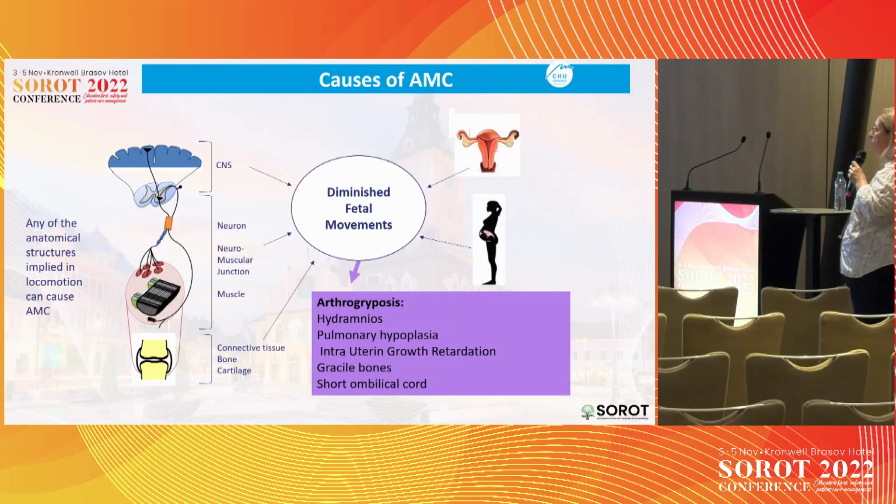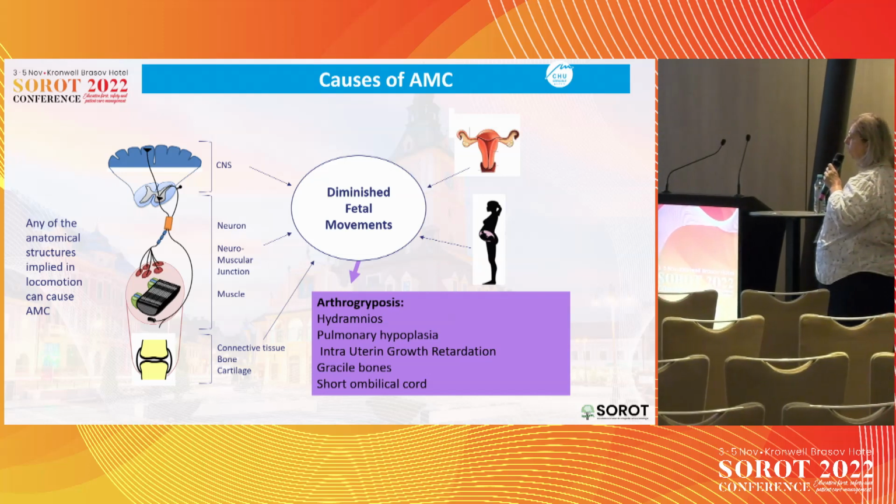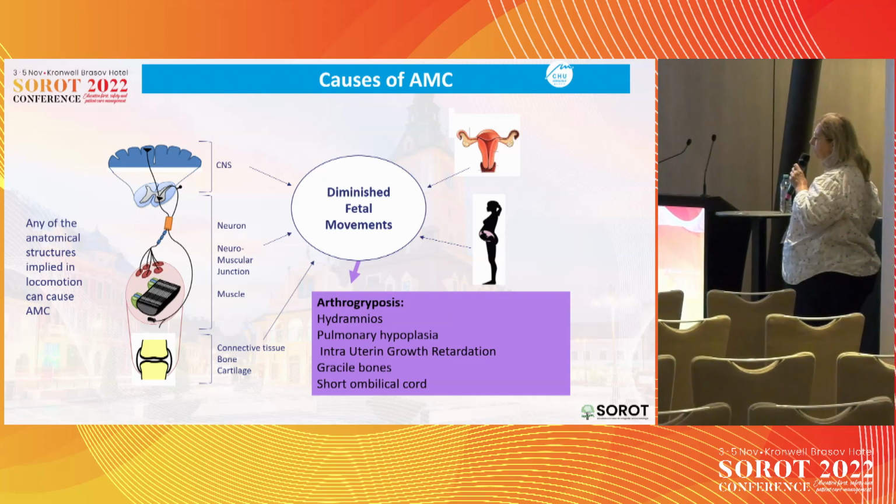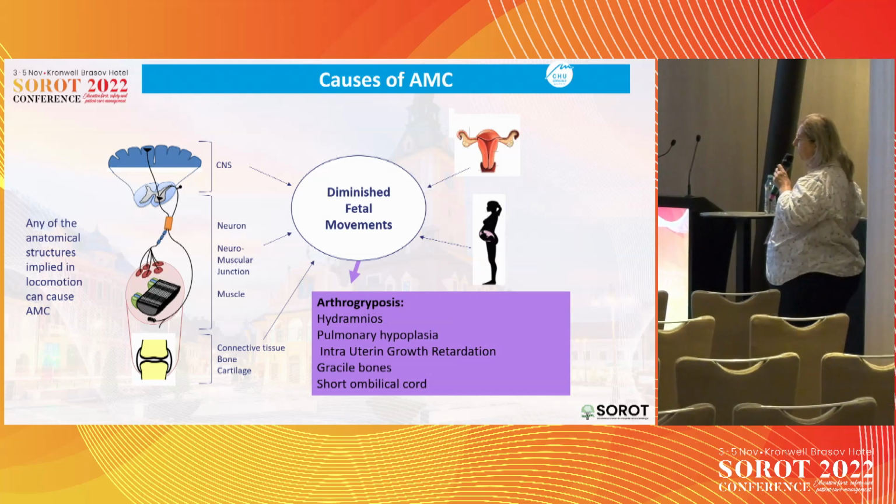so the different causes, we see that it's coming from cerebral, medullary pathology, from the nerves, from the neuromuscular junction, from the muscle, and you have also connective, bone and cartilage pathology, and you have all the consequences on the joints of all these kinds of pathology.